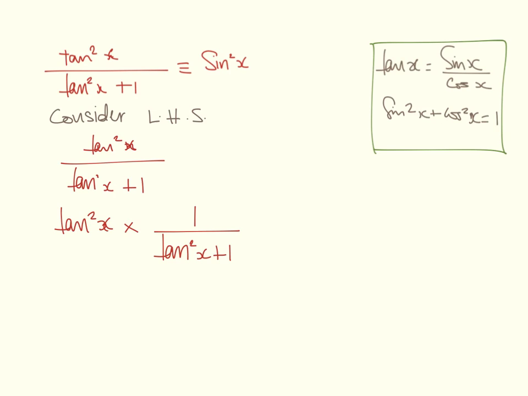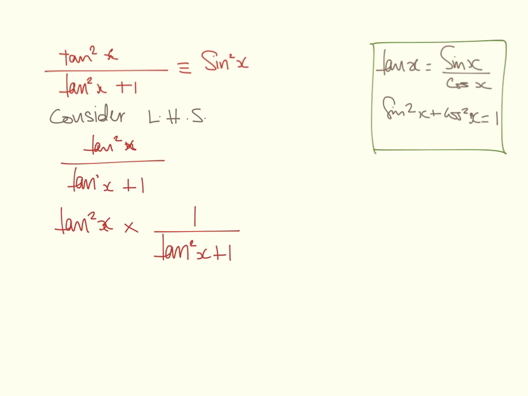Okay, all I've done is remove this from the top and bring it outside, so that is equal to tan square x times that. Now I know that tan x is sine over cos, so tan square will be sine square over cos square. When you square tan, you have to square the sine and the cos as well.